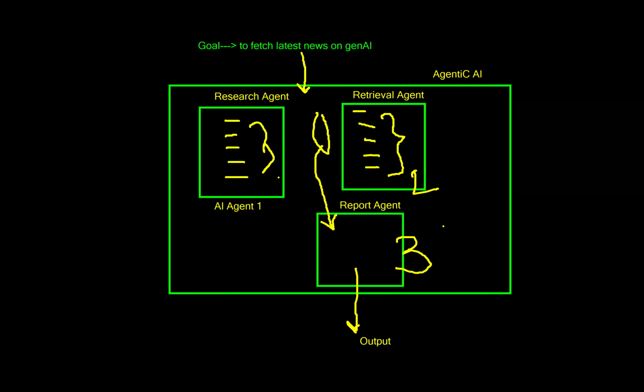Let's say 15 employees are there. Each of these 15 employees will be considered as an AI agent. Those 15 employees can work individually also. They can collaborate with each other also. That's how the AI agents also behave in agentic AI systems. So agentic AI, as I said, is inspired from humans working together to achieve a goal.